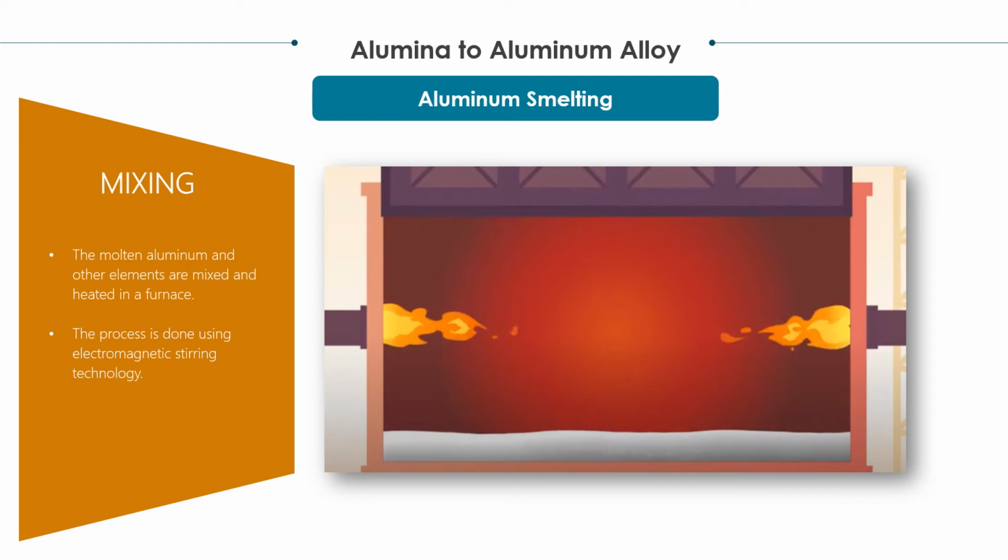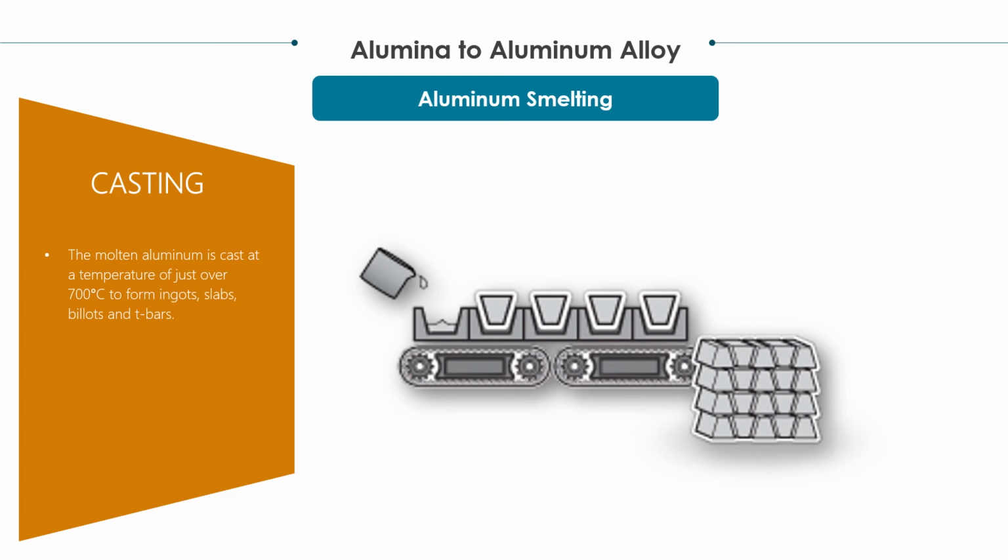The process is done using electromagnetic stirring technology. During casting, the molten aluminum with other elements is cast at a temperature of just over 700 degrees Celsius to form ingots, slabs, billets, and T-bars.